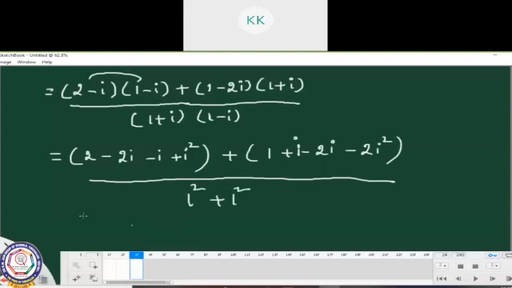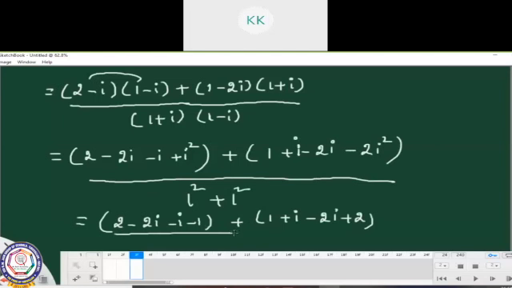It gives 2 minus 2i minus i, where i square value is minus 1, plus 1 plus i minus 2i square, where i square is minus 1 so it becomes plus 2, the whole divided by 2.